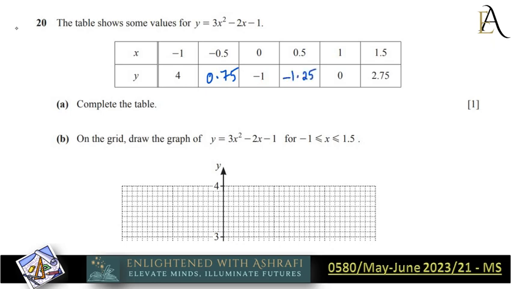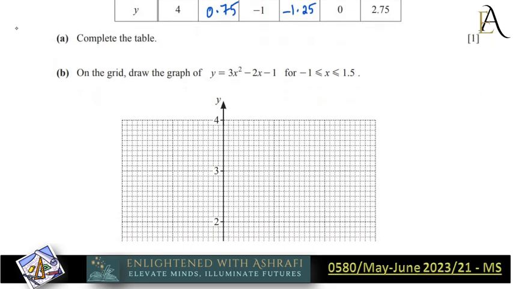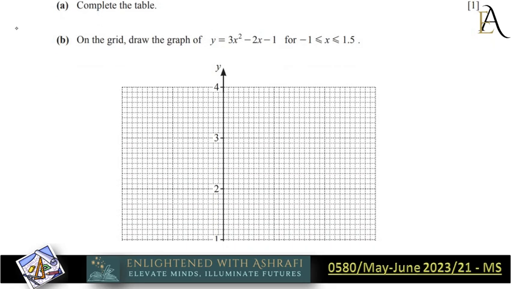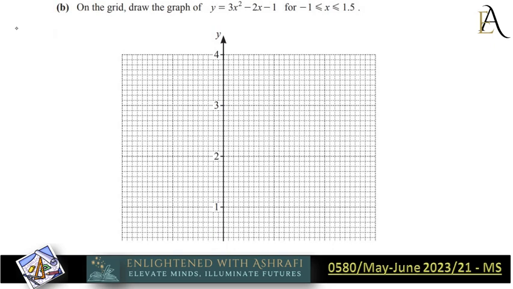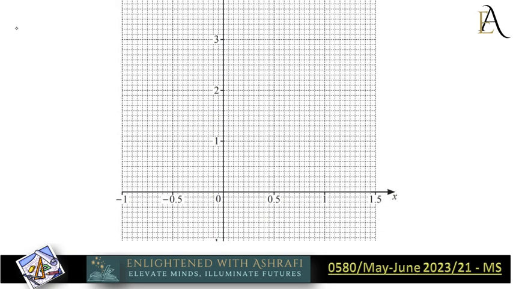On the grid, draw the graph of y equals 3x square minus 2x minus 1. So just plot your graph.